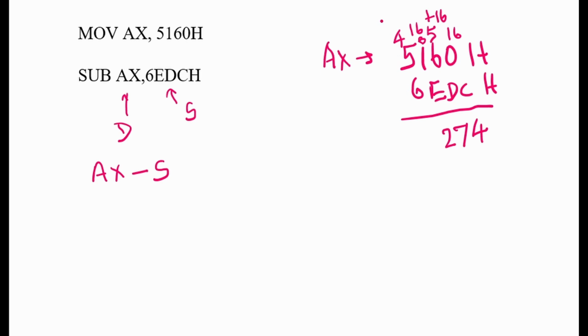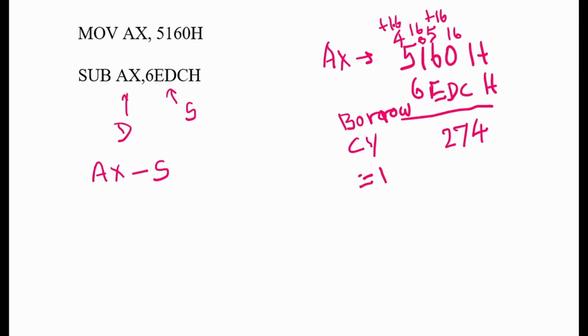So actually you will have 16 here, and the carry flag. Actually you are borrowing from the next digit. Actually there is no such digit, so the carry flag will be set. That means you are borrowing. When you borrow, the carry flag will be set to 1.